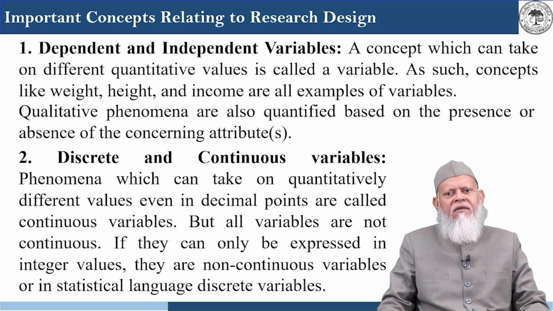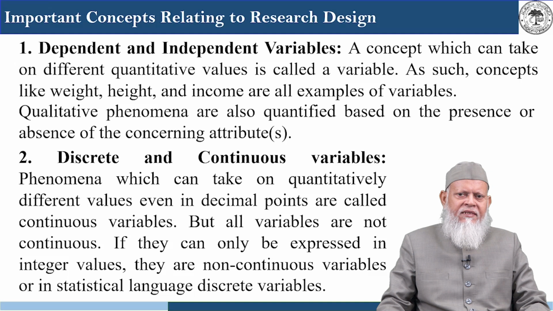I am not saying that it is always so. If we want to study the relation between poverty and crime, then poverty would be taken as the independent variable, whereas the crime would become the dependent variable.